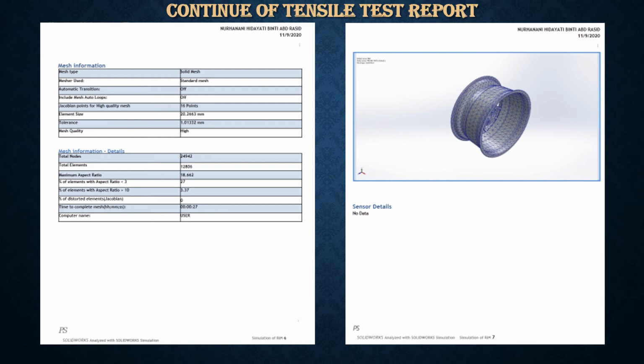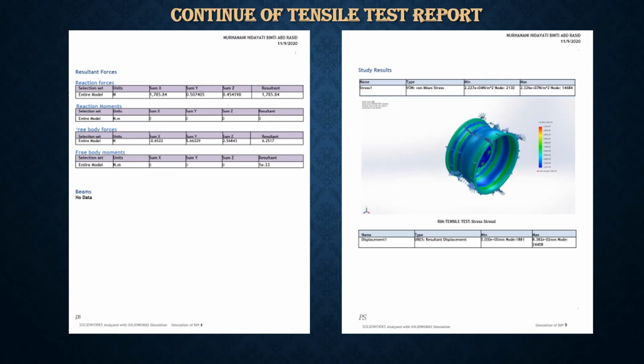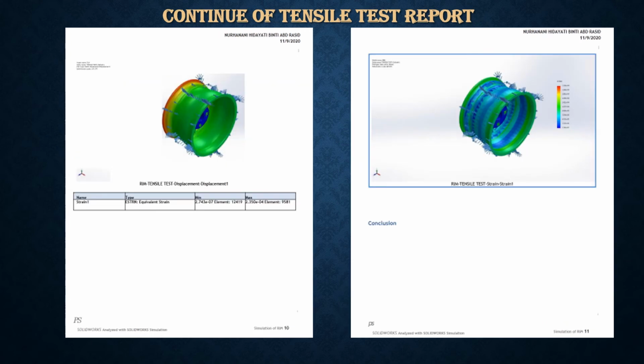Then is the mesh information, the details about mesh information and the diagram, and then the reaction force that I use, which was 1700 Newton, and the details are stated as given, and this is the diagram from the test.